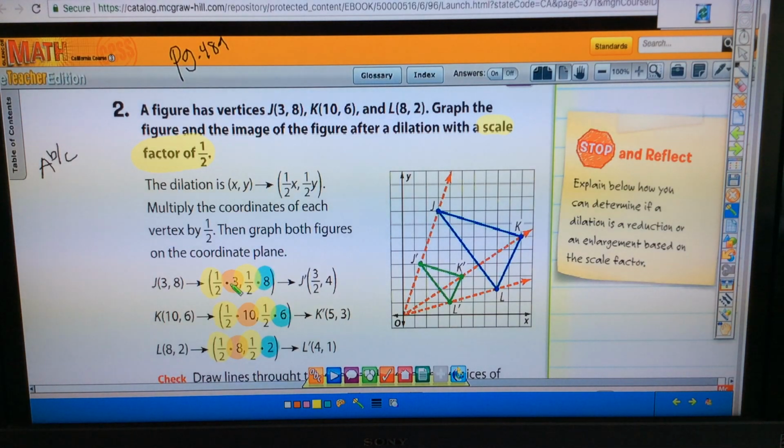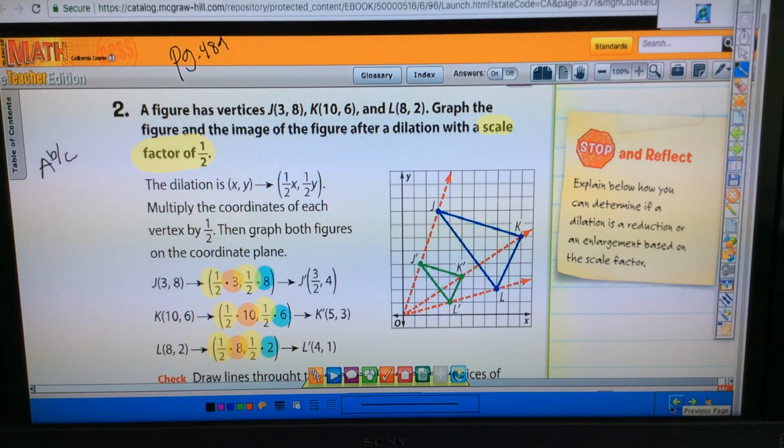So half of 3 is 1.5. Half of 8 is 4. Half of 10 is 5. Half of 6 is 3. Half of 8 again is 4. Half of 2 is 1. So here are the image vertices. So if you go ahead and plot those out, you're going to see that you have a triangle that is a reduction. It's smaller.